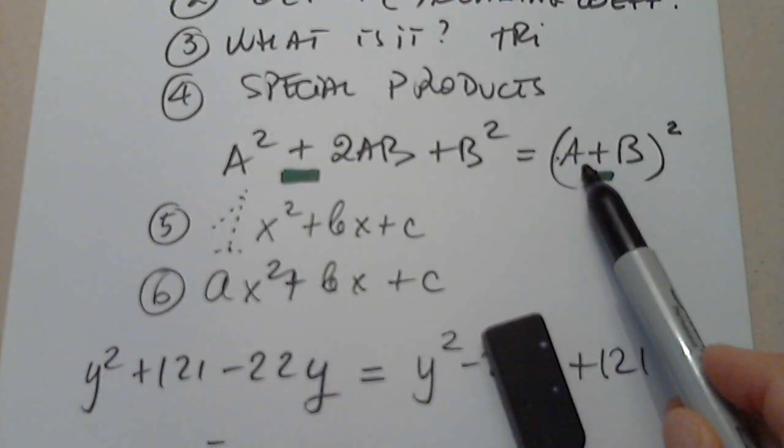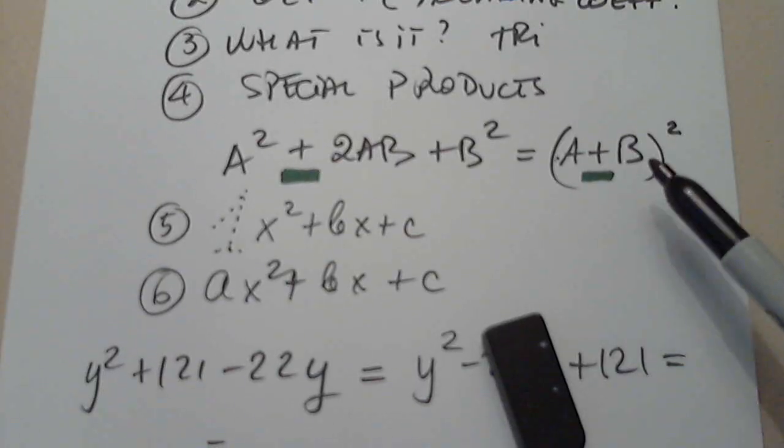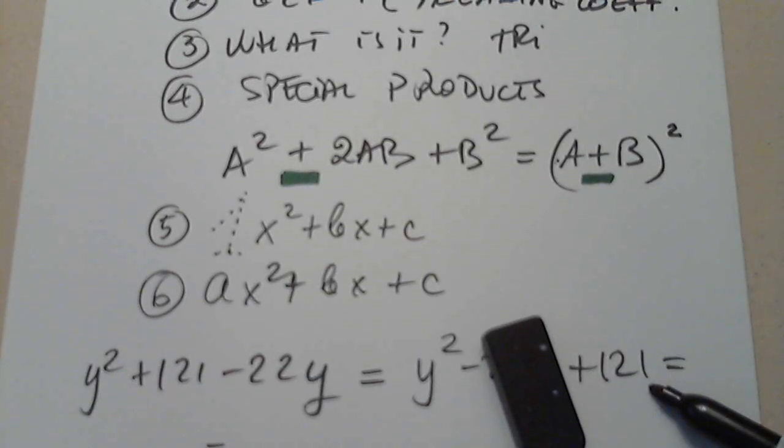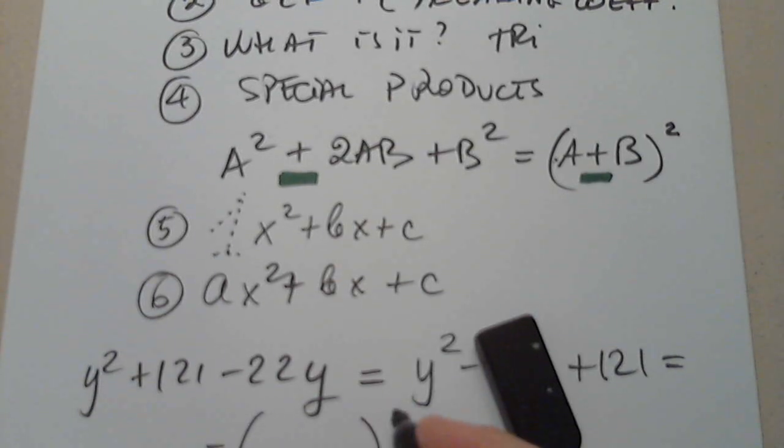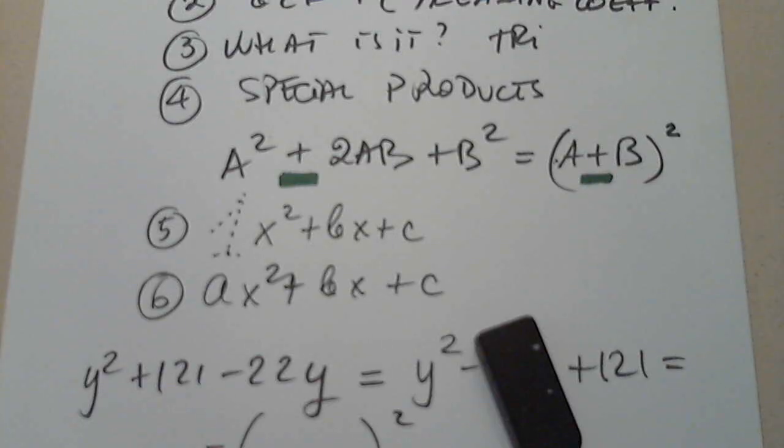Y squared is y squared. 11 squared is 121. What do you expect to get? I intentionally covered the middle term. I don't want to look at the middle term yet. I'll make a point in a second. So what do you expect to get? Obviously, you expect to get the one with minus. But what are the terms inside?